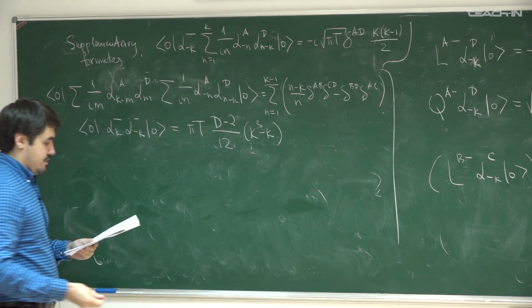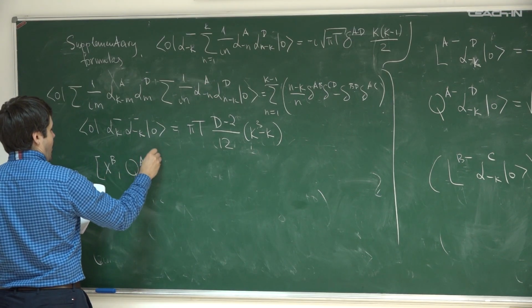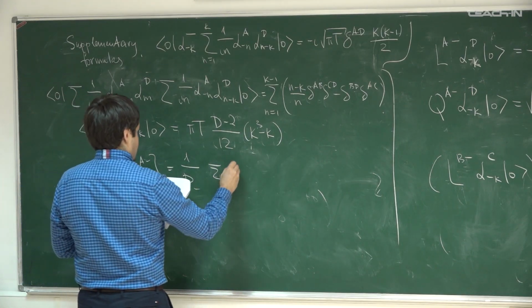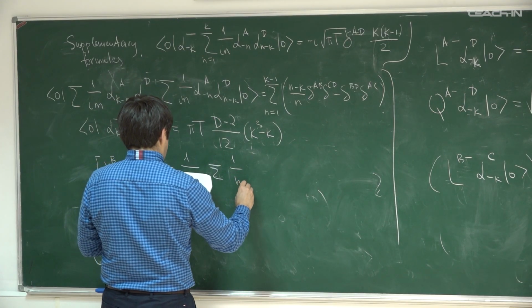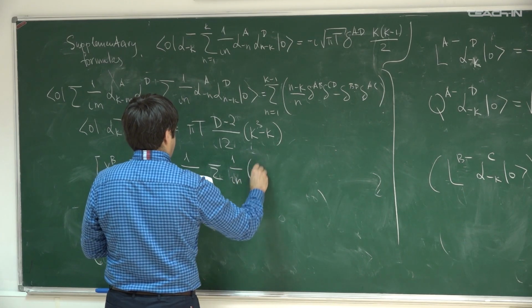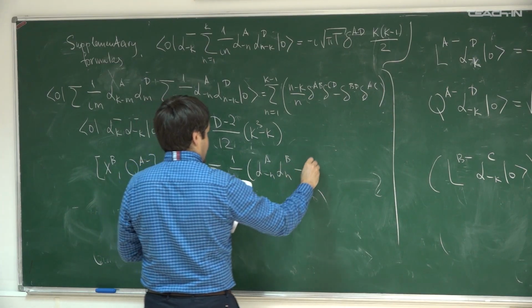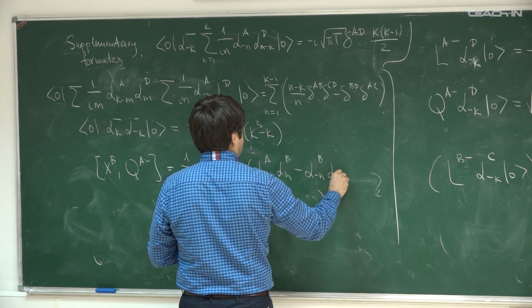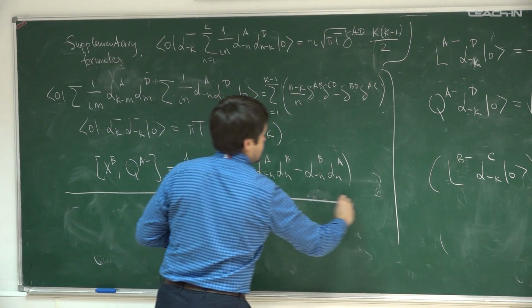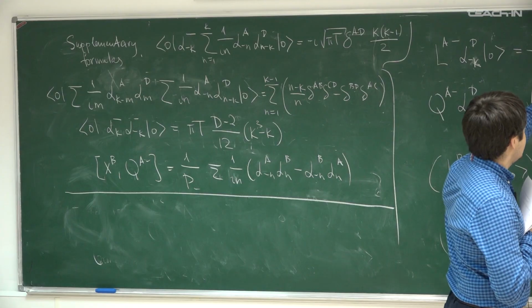And you also need the commutator of XB is QA minus, which has the form 1 over P minus sum 1 over N with IN, K alpha minus N A alpha N B minus alpha minus N B alpha N A. Okay, these are just supplementary formulas that you need in this calculation because there are several cross terms here.